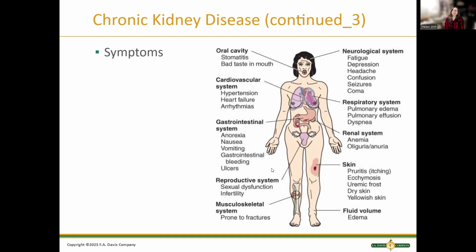In the cardiovascular system, you're going to have hypertension, which may potentially lead to heart failure due to fluid overload. You'll talk more about the different cardiovascular diseases in adult too, but heart failure is one where you have too much fluids in your body and the body cannot get rid of it properly.